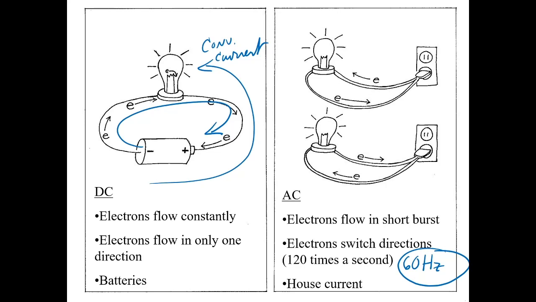The idea of using AC current for this was Nikola Tesla, whose name you may know. Thomas Edison wanted to use DC current, and some of you may even know there was kind of a competition, but Tesla really won because DC worked fine for where Thomas Edison was, near New York City. It wouldn't have worked fine for power lines to Pennsylvania and Nebraska and California and places where things are very far apart.